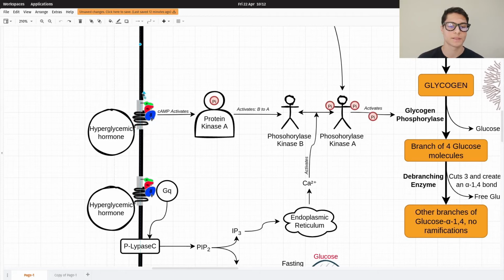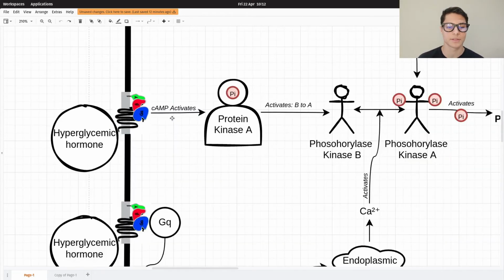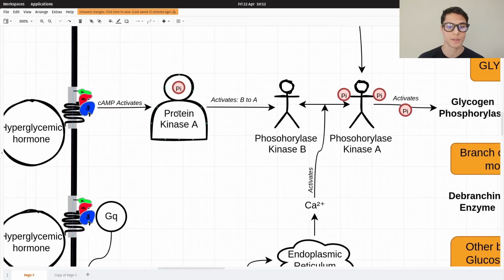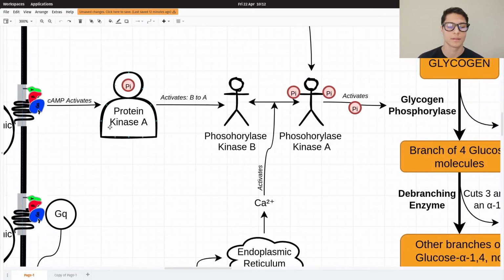The G protein activates an adenylyl cyclase that creates cAMP, which is cyclic AMP, and cyclic AMP activates the protein kinase A. Protein kinase A, as a kinase, gives phosphates to the phosphorylase kinase B.